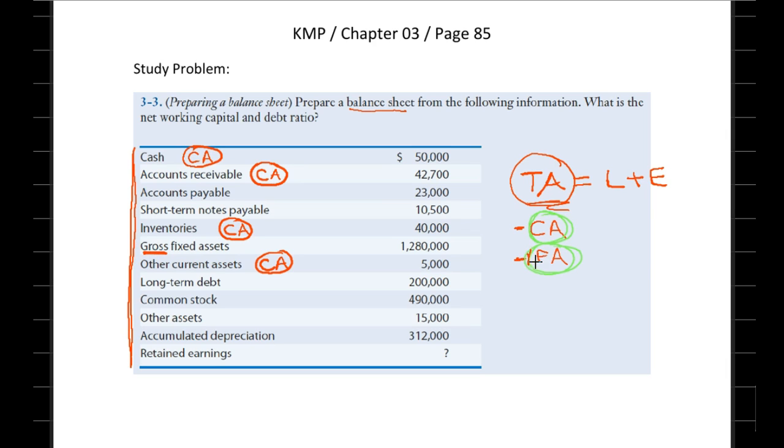So net fixed assets is basically what I need here in the second item. So therefore I need to deduct accumulated depreciation from that, which is on this line right here. So the difference between these two given lines will give me the net fixed assets.